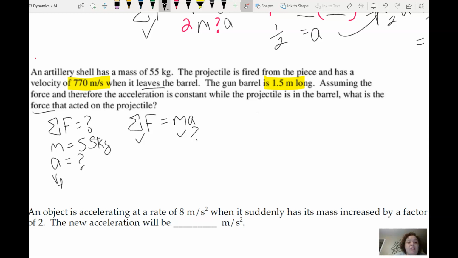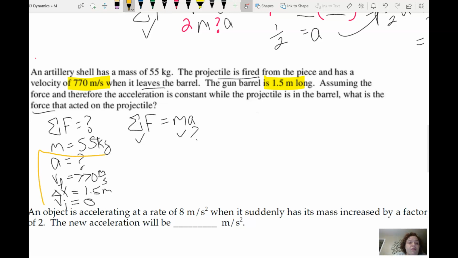So my final velocity is 770 meters per second. I have a delta x of 1.5 meters. And one more piece of information: considering it's fired, my initial velocity is 0, because you don't fire something when it's already moving.